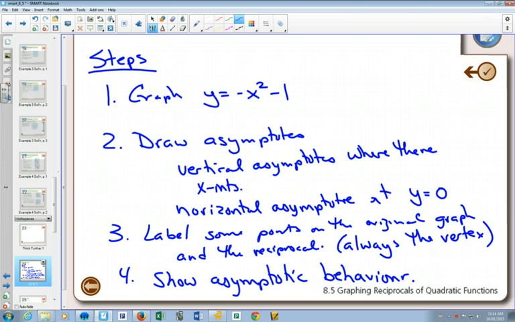So the steps are the same whether it's a parabola or a line. Sometimes we have to label a few more points in a parabola than we had to for a line. And one thing with a parabola, we're always going to label the vertex.